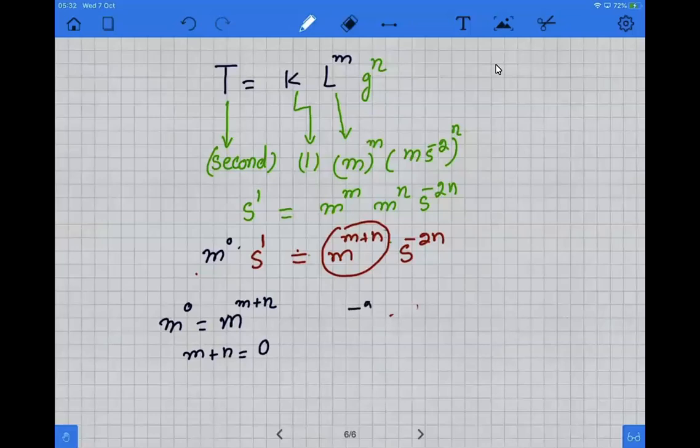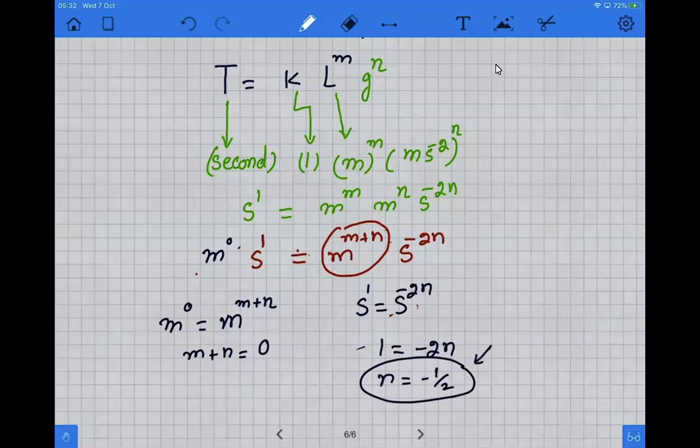And if we equate second, second power 1 is equal to second power minus 2n. This will lead us to 1 is equal to minus 2n. After solving it, n will become minus 1 by 2. So n is minus 1 by 2.